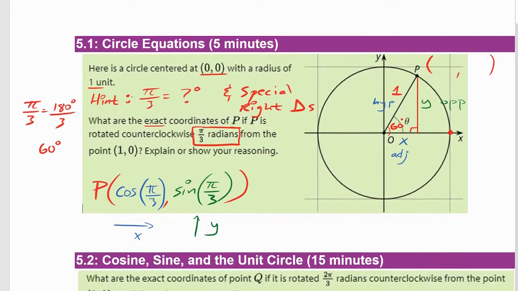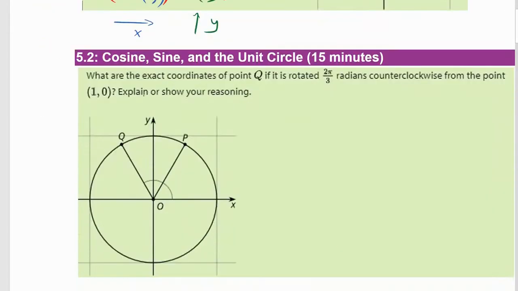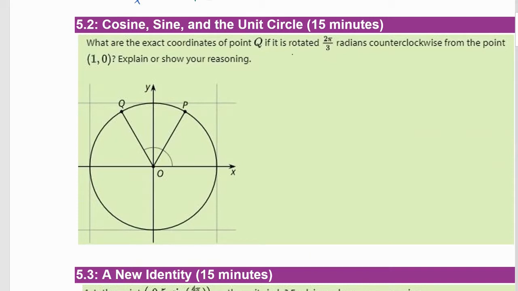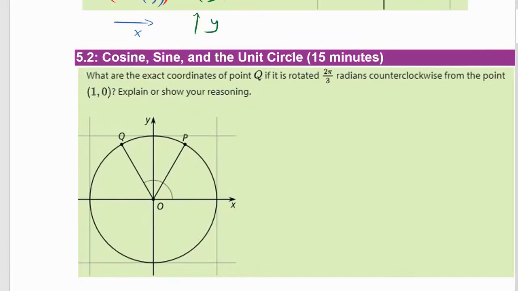All right, so let's move on to, again, more trig. So cosine and sine is the emphasis here because those are the two that really help out with your coordinate systems. All right, so the question here is, what are the exact coordinates of point Q if it's rotated 2 pi thirds radians counterclockwise from the point (1, 0)?